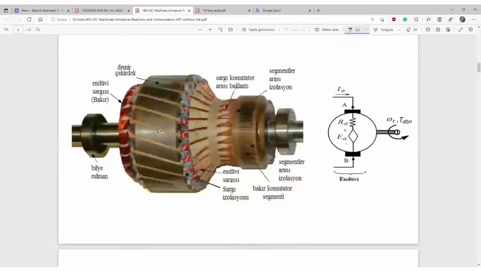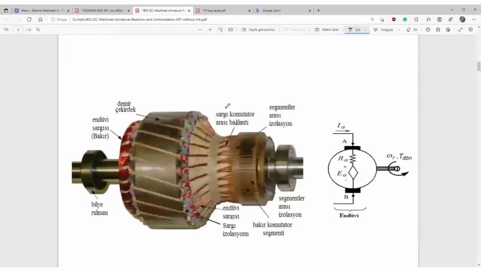And you know, magnetic field is a vectoral quantity. It has a magnitude and it has a direction. So here is armature. It is rotor or armature. Rotor carries armature winding.